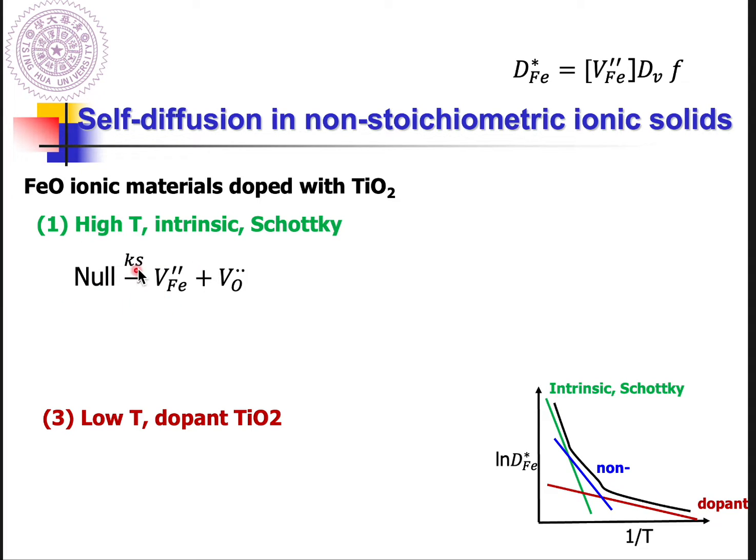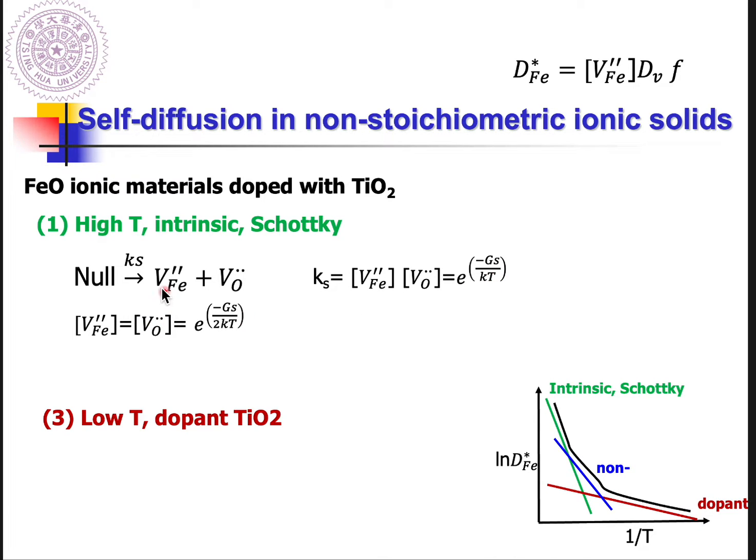The Schottky defect is going to produce pairs of vacancies, V_Fe and V_O. Try to write down the rate constant at equilibrium conditions for this equation. Then you can write down the vacancy fraction at the iron side and the vacancy fraction at the oxide side. You can get the Schottky defect formation energy divided by kT.